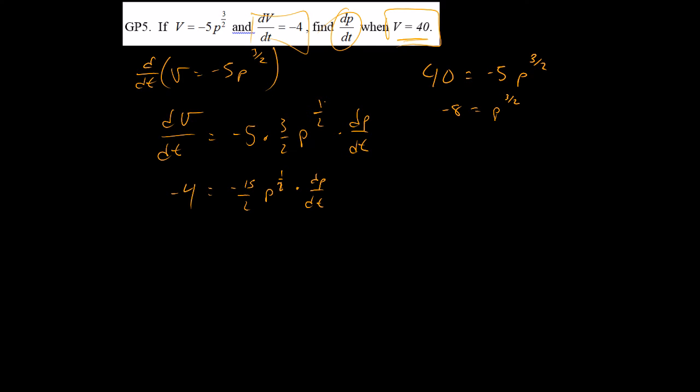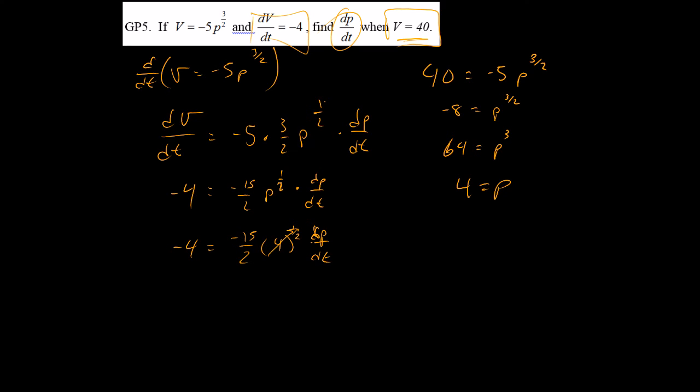Then if we square both sides, we get 64p to the 3rd. Cube root, we get 4 is equal to p. So negative 4 is equal to negative 15/2 times 4 to the 1/2 times dp/dt. Now it just becomes algebra.